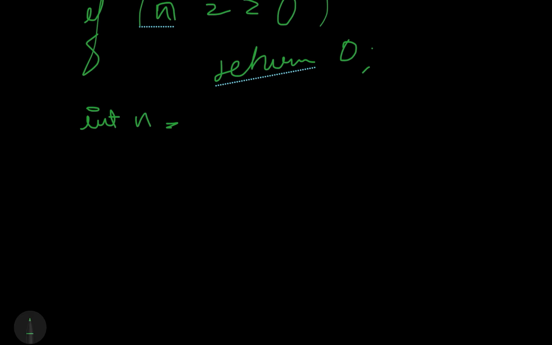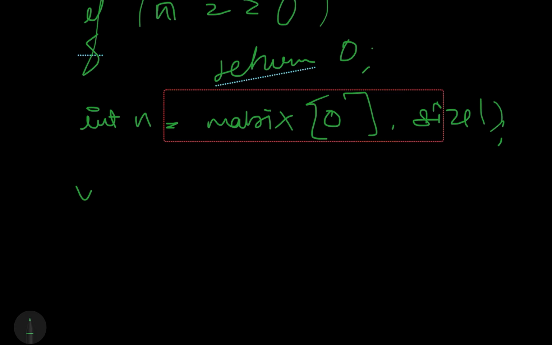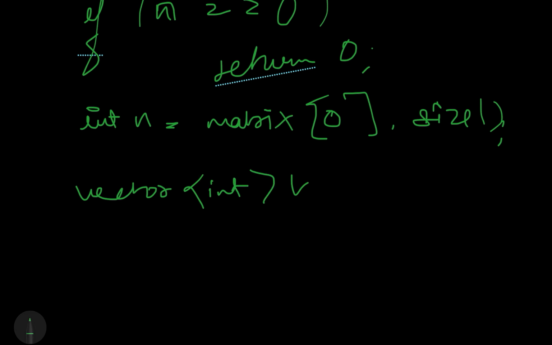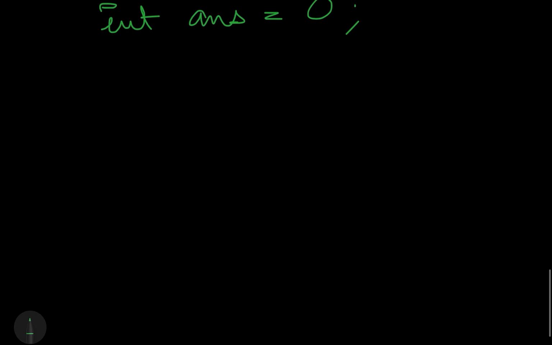If n is equal to matrix row size, and then we'll define a vector in which we'll calculate the height and a variable to store our final answer.